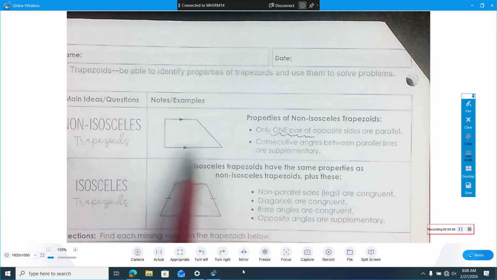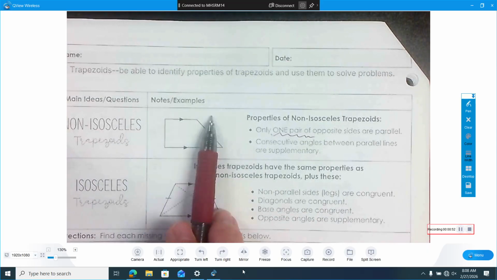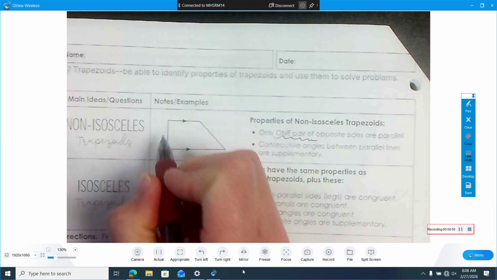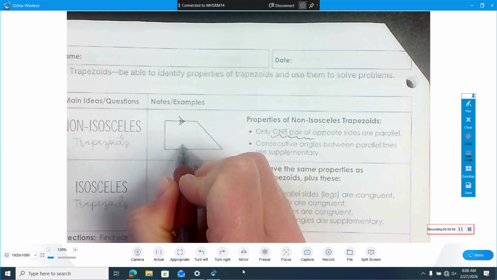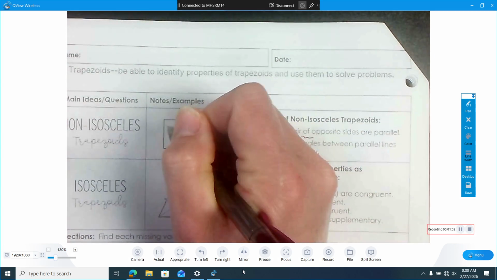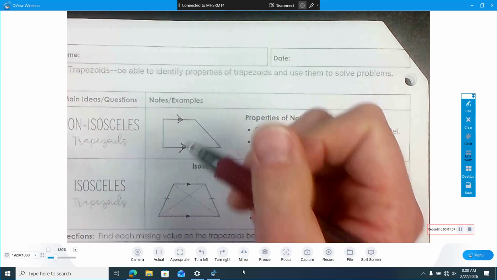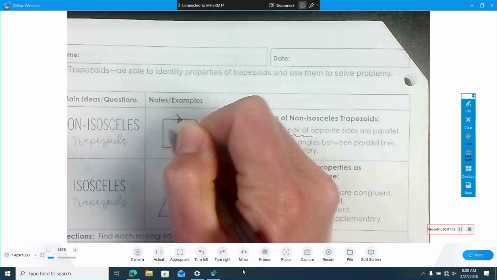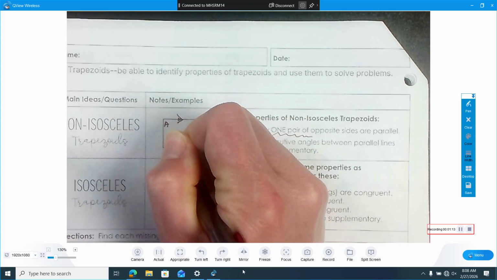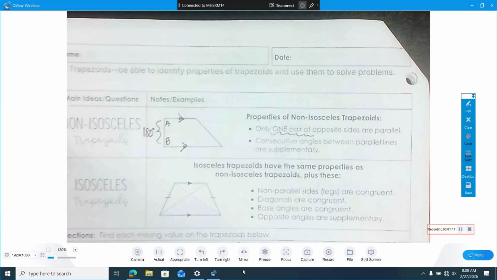This is an example of a non-isosceles trapezoid. All trapezoids have one pair of parallel sides. Because of parallel lines, these consecutive angles between the parallel lines are supplementary. Angle A and angle B would add to be 180 degrees.